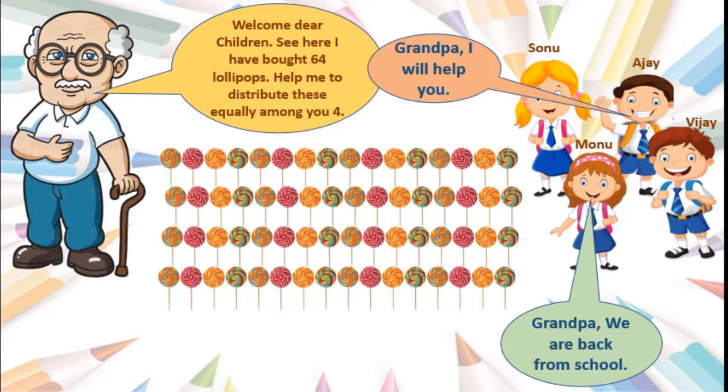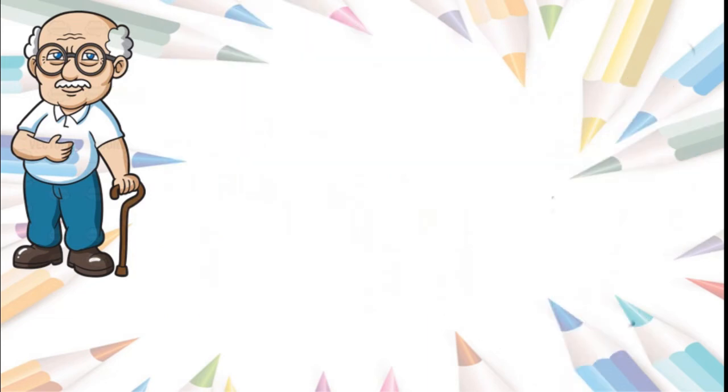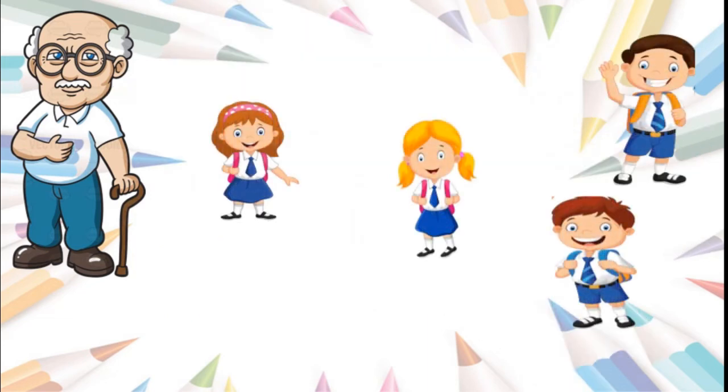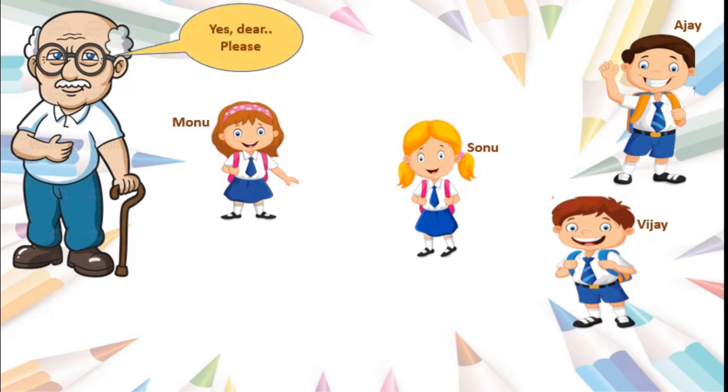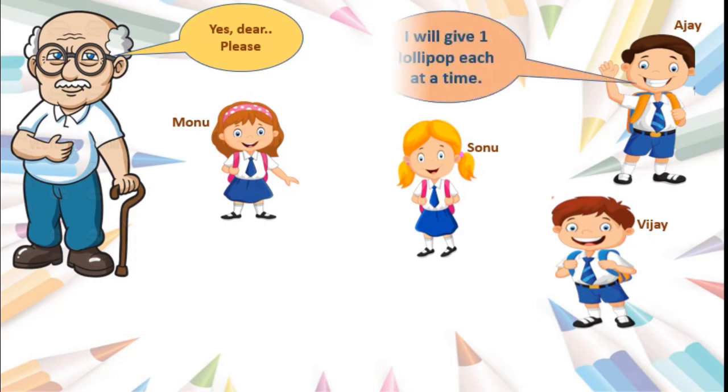Ajay said, Grandpa, I will help you to distribute. Grandpa and the children are ready to distribute the lollipops. Grandpa said, yes dear, please start the distribution. Then Ajay said, I will give 1 lollipop to each at a time.